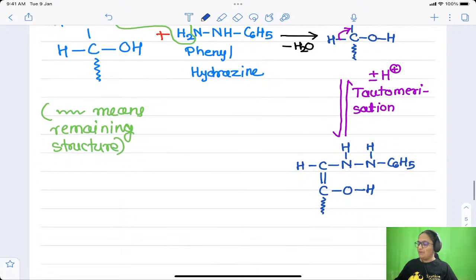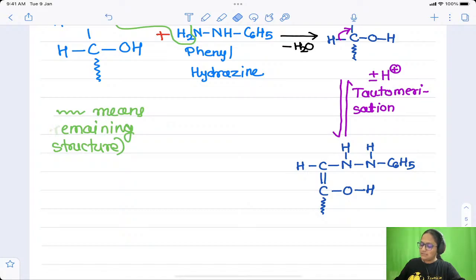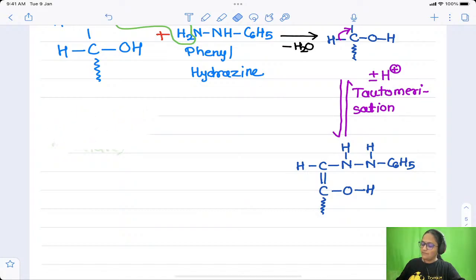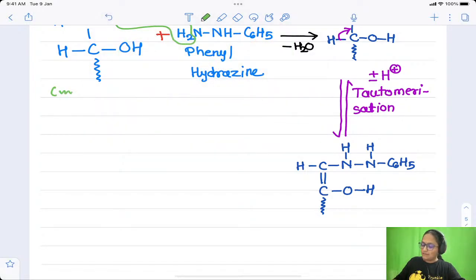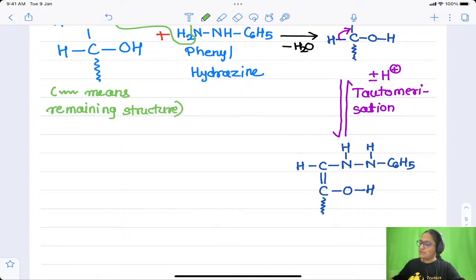Now again there will be some further transfer. Just this part I will write down like this, and this means the remaining structure, so that I can show the reaction here.